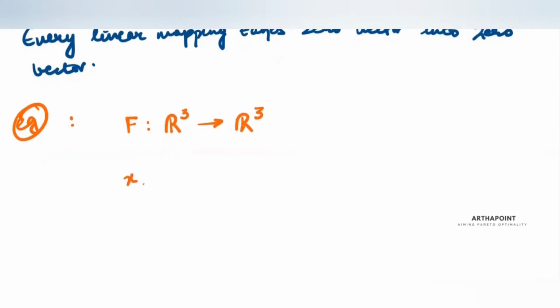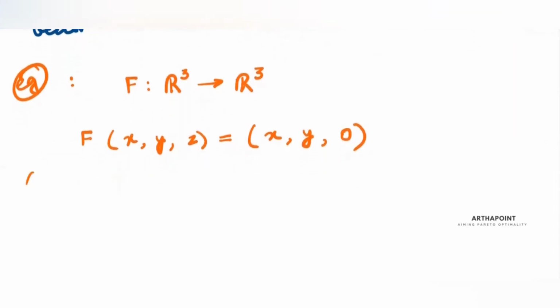Whenever you put vector x, y, and z into the function, the output that you get is x as is, y as is, but for z you get 0. Whatever z you put, you will get 0. My question to you is: is this a linear transformation?